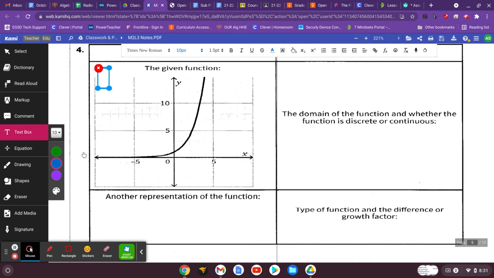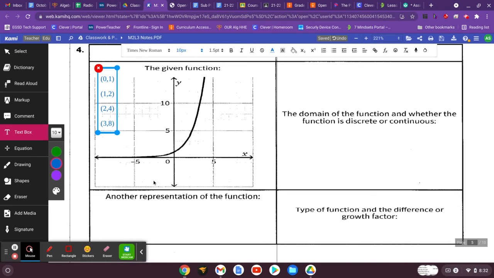I see there is a point at 0, 1. There's also a point at 1, 2. I see there is another point at 2, 4. And I see one more at 3, 8. So you can just kind of look at those different points and see what you're doing. So to me, that's exponential.